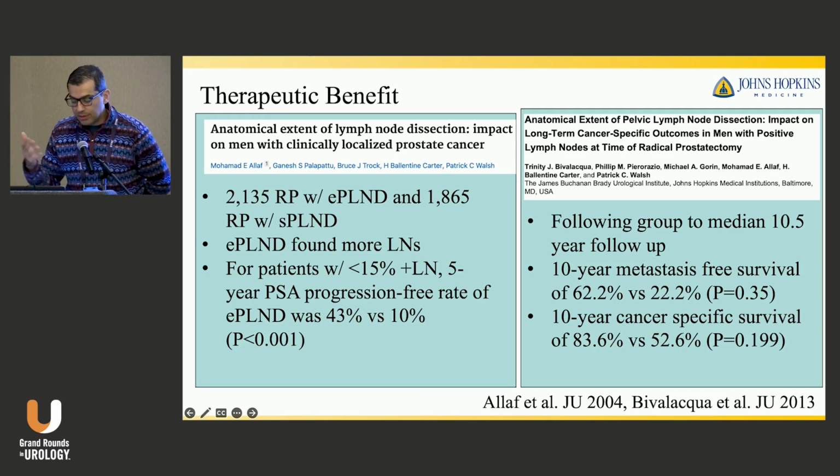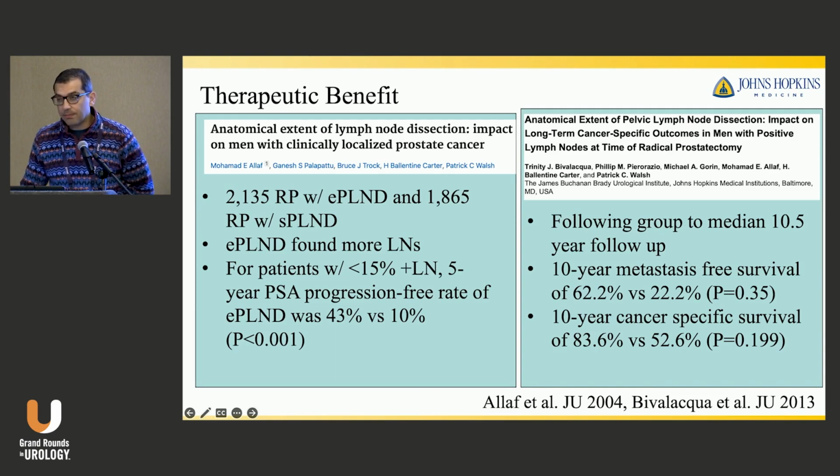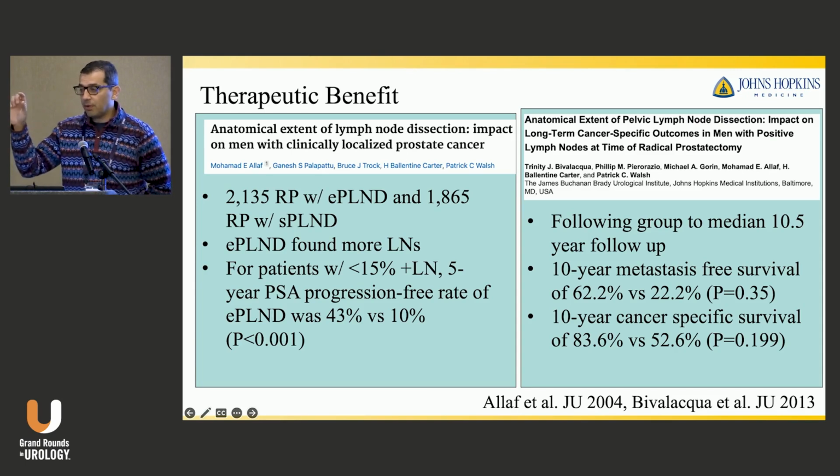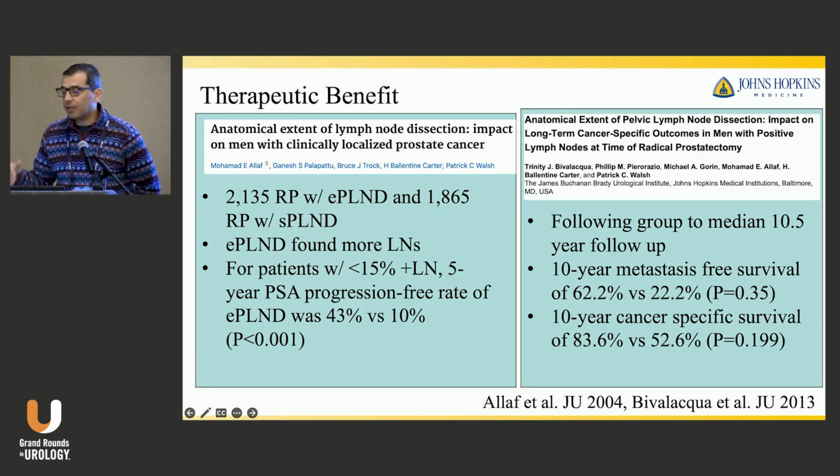So it is a better staging procedure. Then what was very interesting is that we created a parameter called lymph node density, which is the number of positive lymph nodes over the total number of lymph nodes you removed. So if you remove 20 lymph nodes and one is positive, that would be one divided by 20.